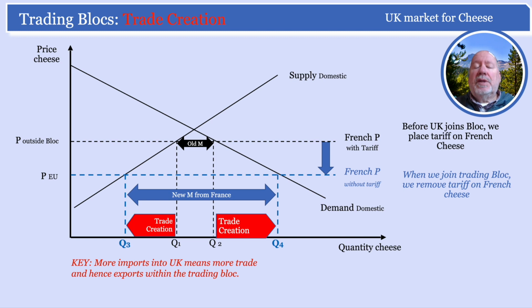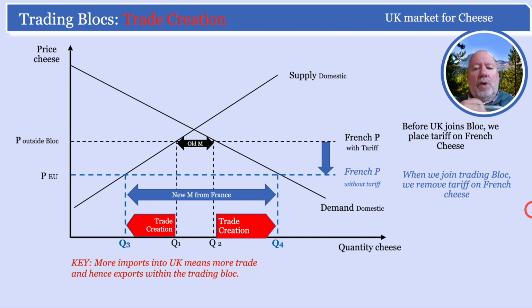That's the key. In addition to that, this is the cheese market where the UK is not very efficient, hasn't got a comparative advantage, but let's say we have a comparative advantage in financial services. In the financial services market, the same would happen, but it would be the UK that is then exporting more financial services into the European Union.